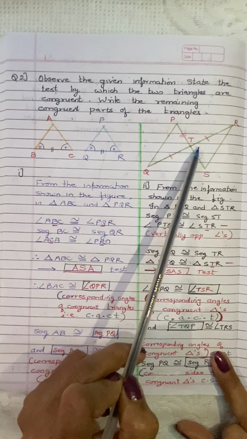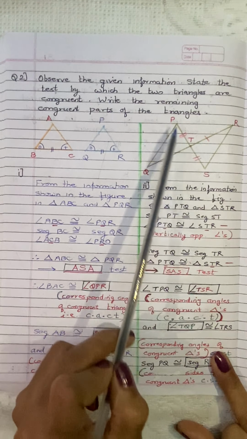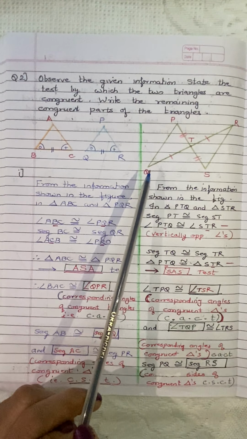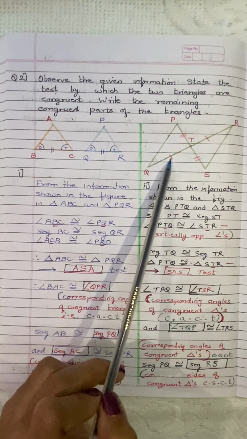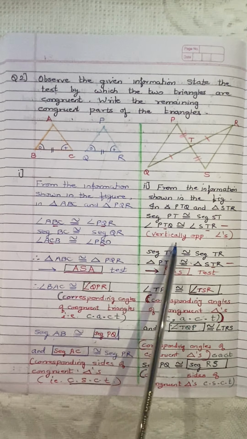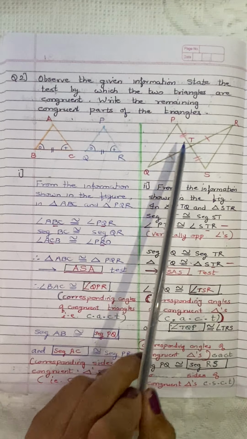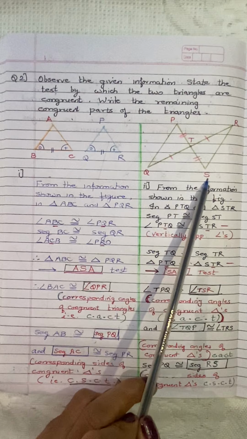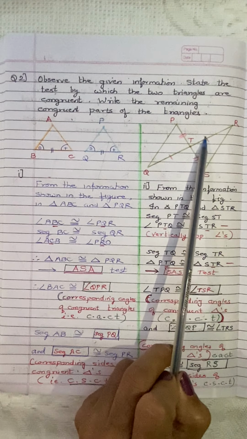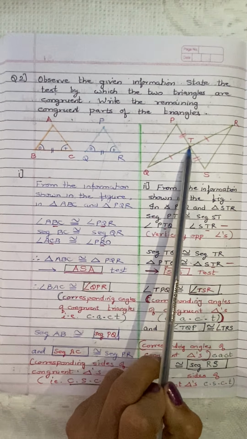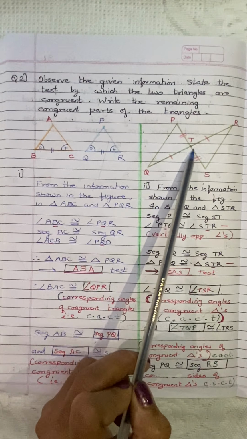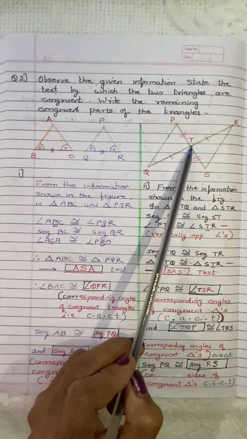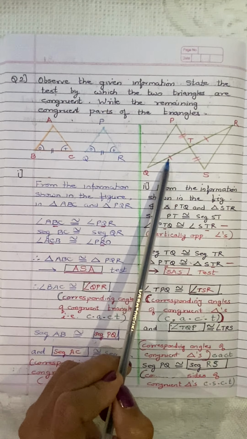So we will say this angle is equal to this angle, that is RTS is equal to PTQ. Vertically opposite angles. There are markings on the figure with which we understand that this side is equal to this side. So this becomes two sides and angle included by them, so SAS test.